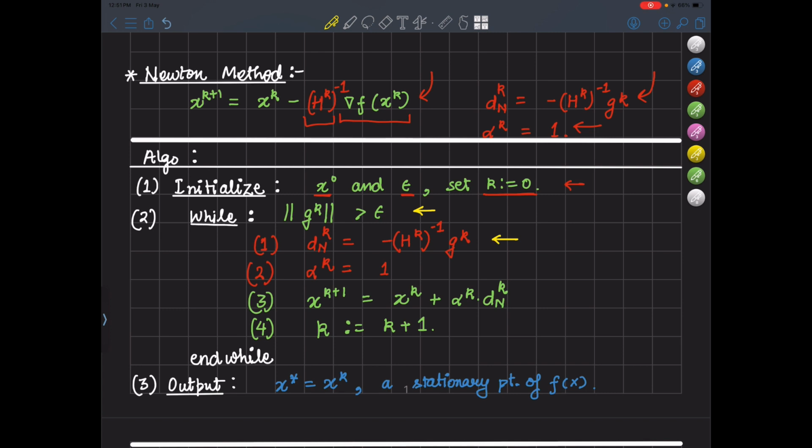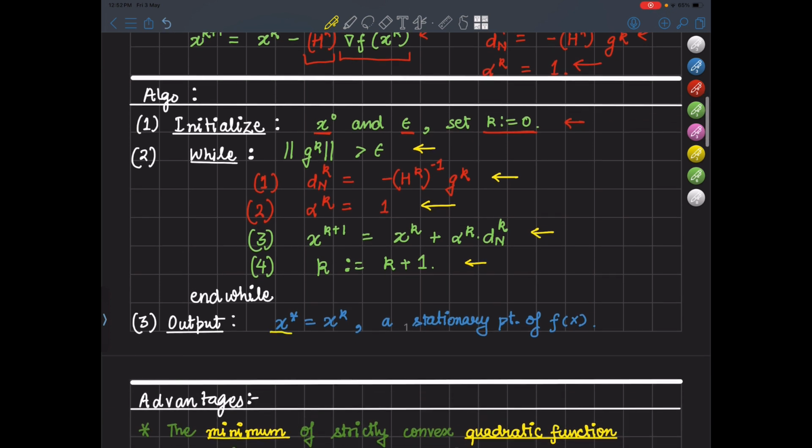We calculate HK and GK at each point, and then set the descent direction to minus HK inverse GK. We set the step length alpha k to 1, and the rest is straightforward. xk plus 1 is equal to xk plus alpha k dnk, and we update the iterate as well. We end the loop when the stopping condition is not satisfied, and we get the output as x star equal to xk, which is the stationary point of f(x).